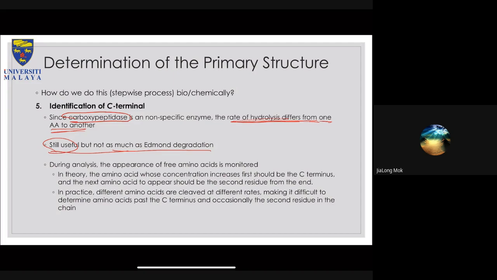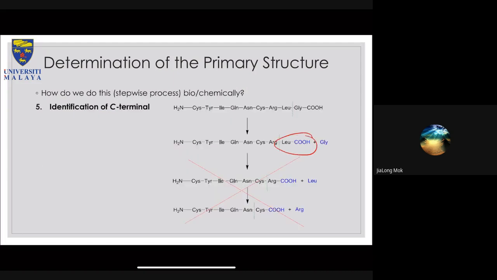Okay, so during analysis, the appearance of free amino acid is monitored similarly to Edman. In theory, an amino acid whose concentration increases first should be at the C terminus, because you are cleaving at the C terminus. So you know that if HPLC says it's this one, then it should be that one.